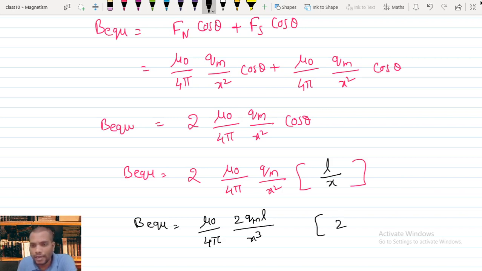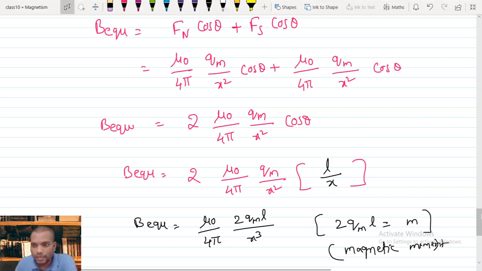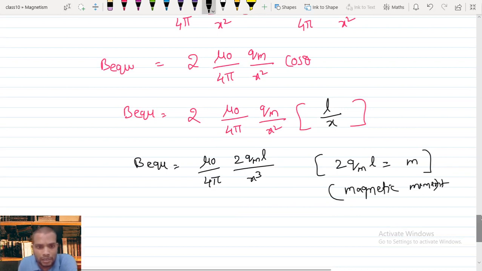Now here we know that 2 Qml equals the magnetic moment. It always follows. So finally, let us change it into a memorable equation.